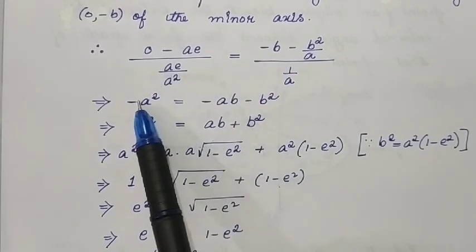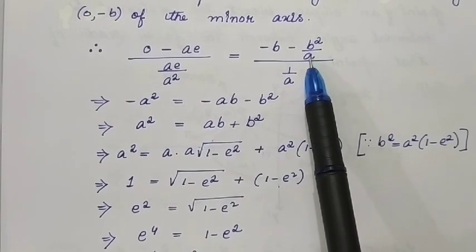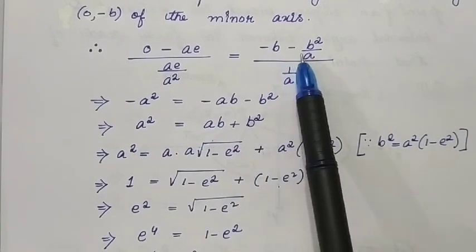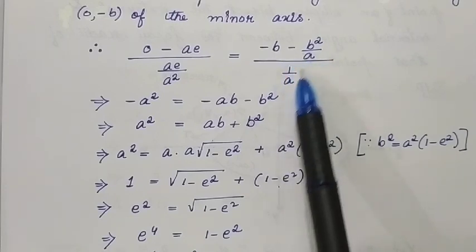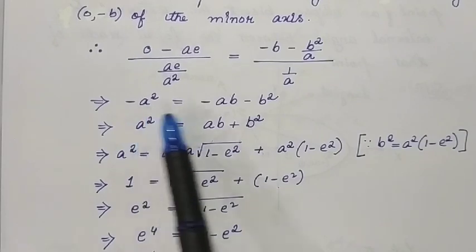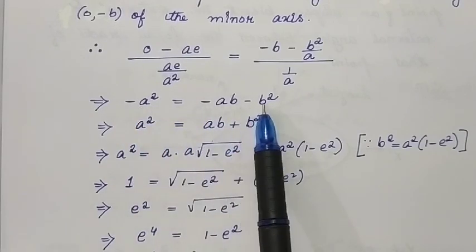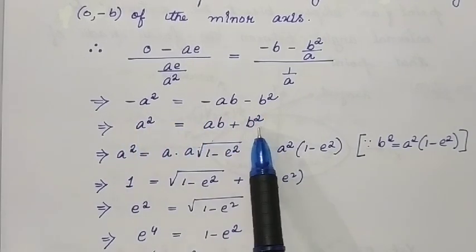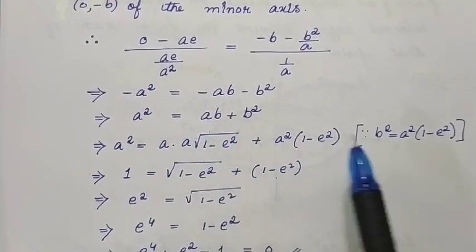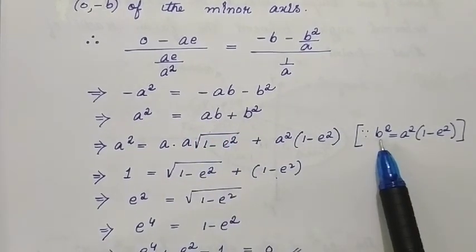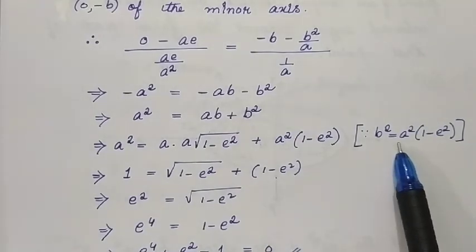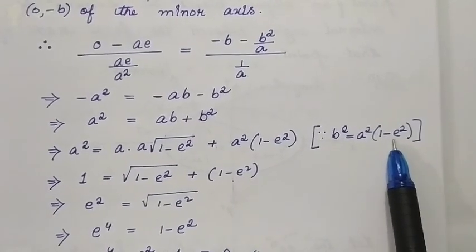The a cancels. It will be minus of a square, and we can take a as the LCM. It will be minus of ab minus b square, and a will get cancelled. So since we have all the terms minus, we can make them positive. And we know this formula, b square is equal to a square (1 minus e square).